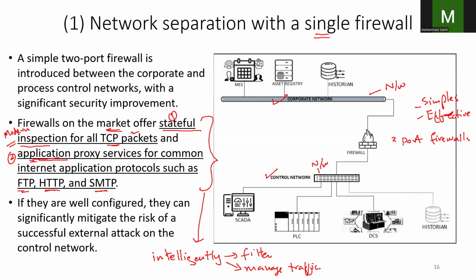If this firewall is well configured, it can significantly reduce the risk of successful external attacks on our control network. With a proper configuration, this will be good enough for monitoring the communication between the networks.